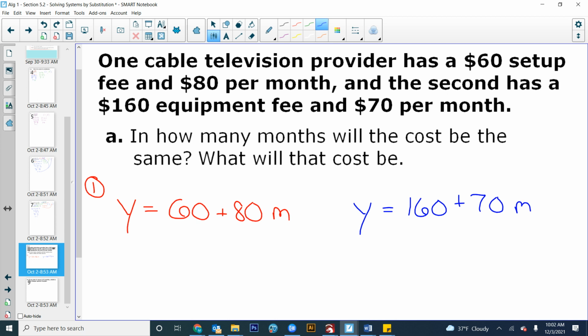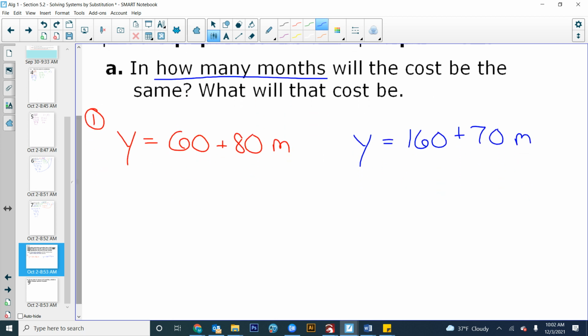In how many months will the cost be the same or equal? Which variable are we solving for? M. So we're going to take this equation and this equation, and since they're both equal to y, if we set them equal to each other, that will tell us the month in which the costs are equal.